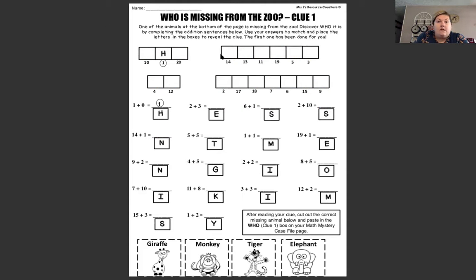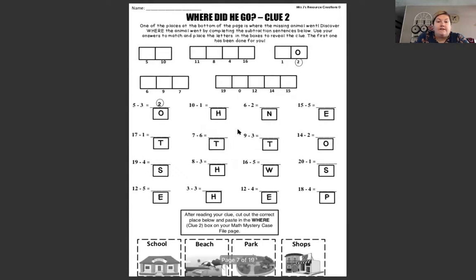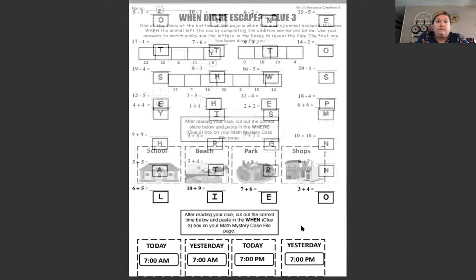Alrighty. On the next page, you're going to do the exact same thing, but on this one, you're going to find out where the monkey went. So you have to go through, solve all your problems, put the letters up here in the key, and then it'll tell you where the monkey went. And then you'd write that down.